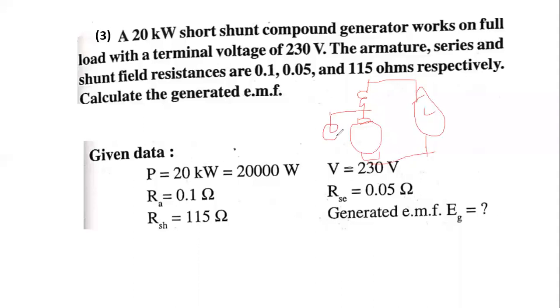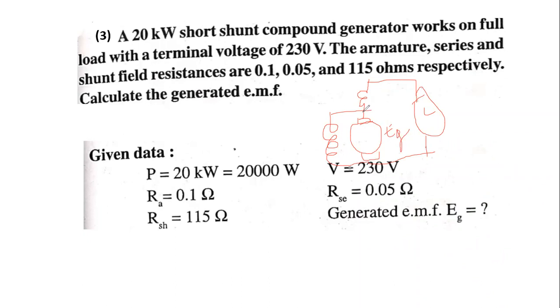This is the shunt field winding. In that armature itself we are generating the generated EMF, that is EG.